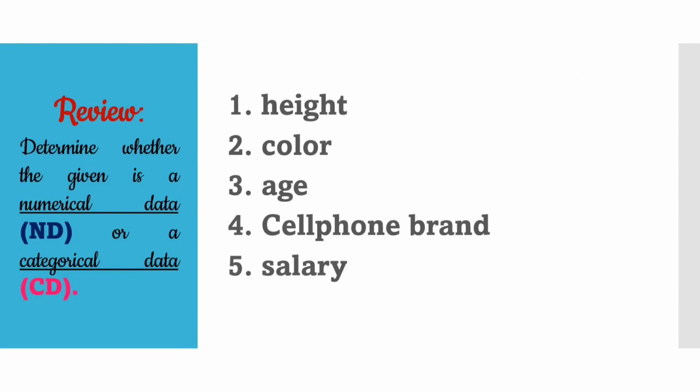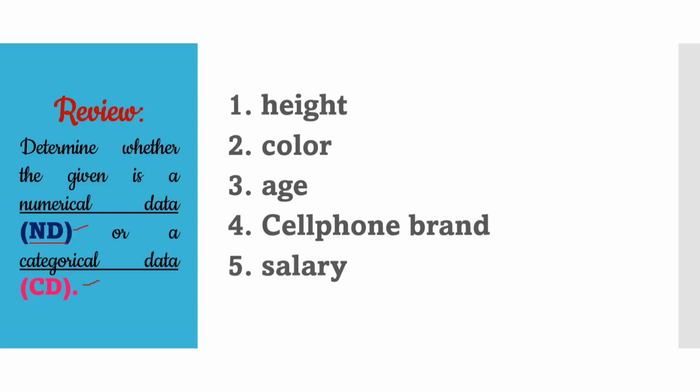All right. So with that, I hope that you were able to recall what numerical data and categorical data is. Numerical data have numeric values. On the other hand, categorical data have non-numeric values.